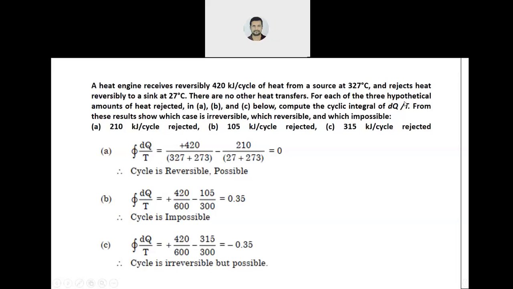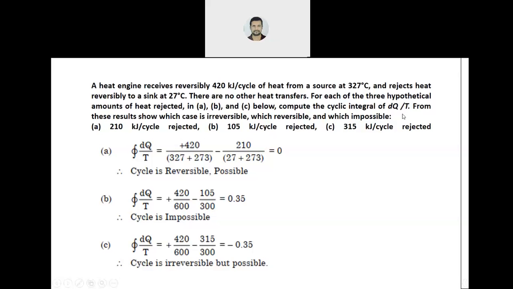For each of the three hypothetical amounts of heat rejected, you are given different cases A, B, C: irreversible, reversible and impossible. You have to compute the cyclic integral of dQ by T for these three cases.